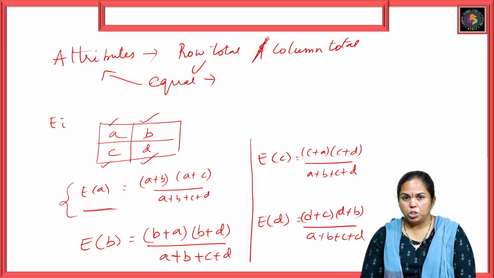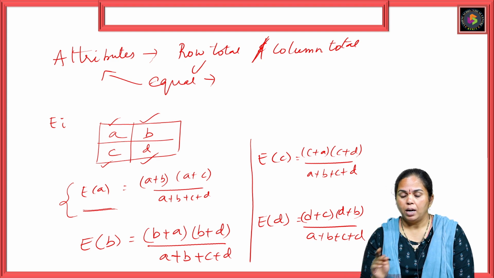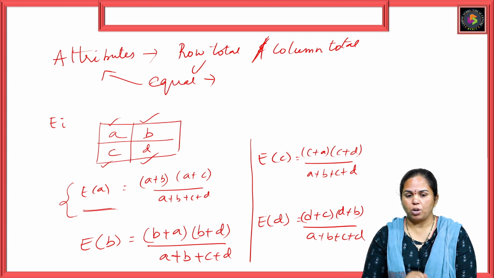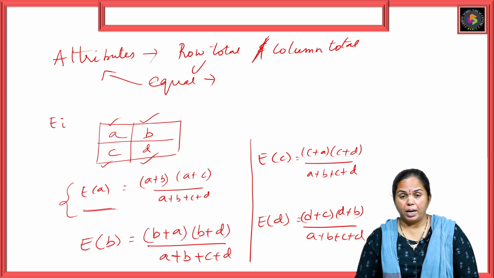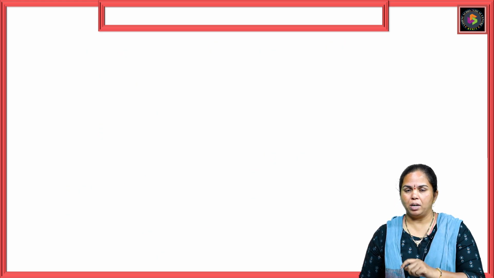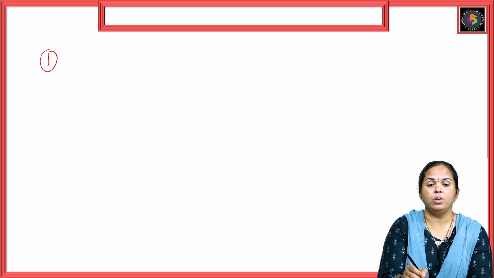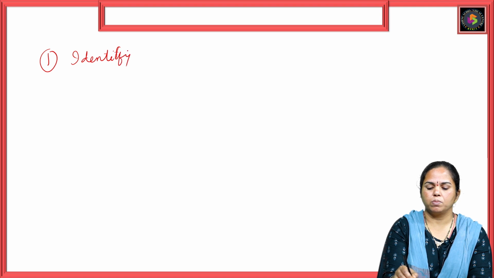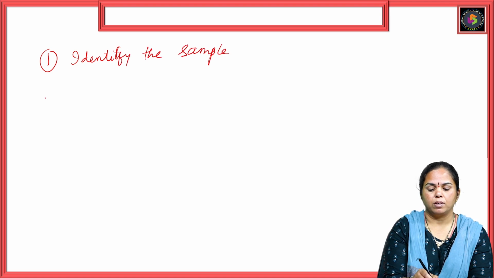So this is the procedure of your chi-square test, for attributes and goodness of fit. Now I hope you have an idea of which test to use where. A small recap of what we have discussed. First, identify the sample size.